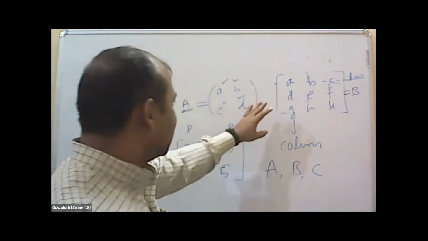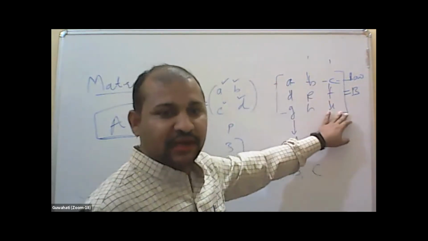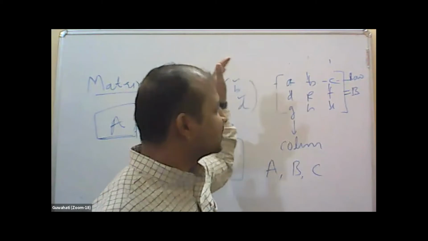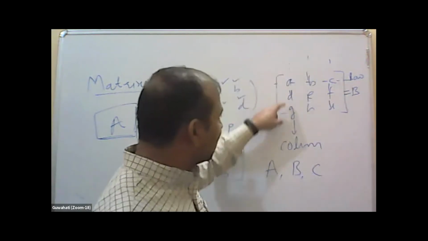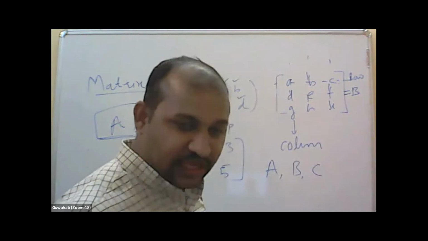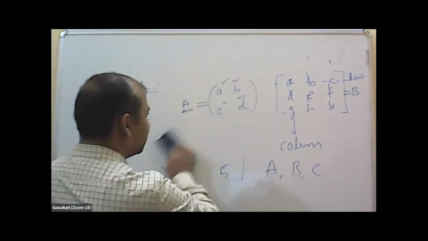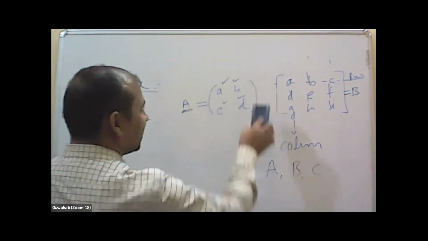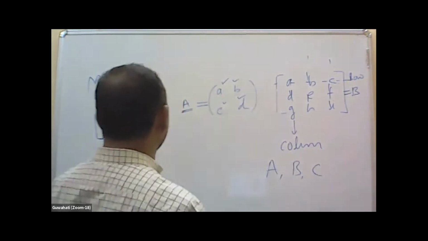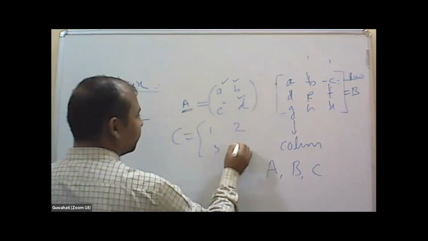Then how do we define a matrix? It is a rectangular array involving horizontal lines called rows and vertical lines called columns. This is the definition of a matrix, and generally the representation is like this. These are examples of matrices. I will give a few more examples, like 1, 2, 3, 4.